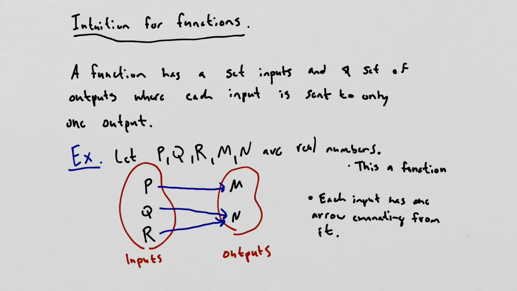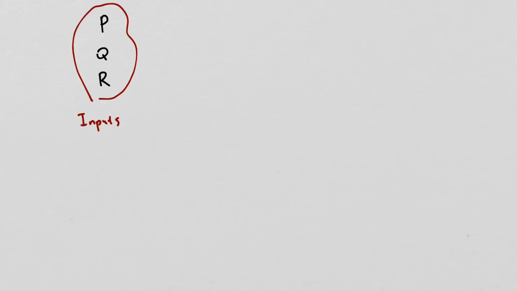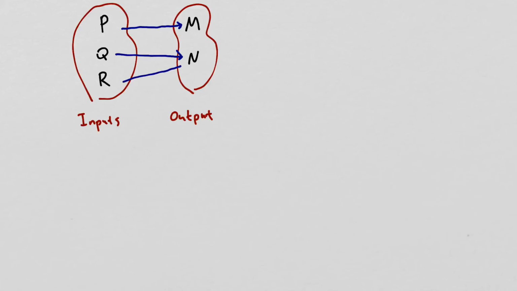Now let's go ahead and look at another scenario. Again, suppose that we have P, Q, and R are our input values. And again, we have M and N as our output values. Again, suppose that P is assigned to M, Q is assigned to N, and R is assigned to N, but then suppose that we also have P is also assigned to N here.